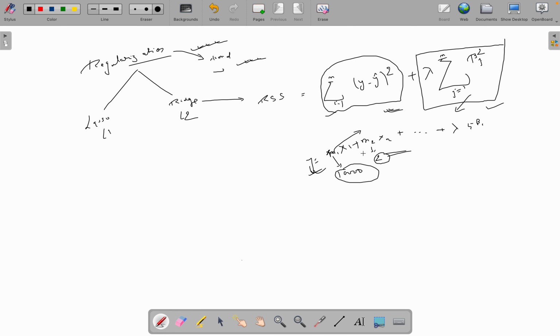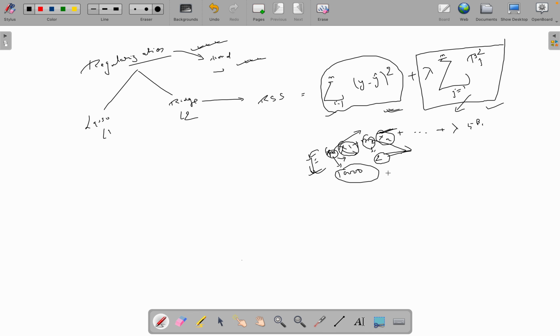It's not just one coefficient which is dominating the model, because the importance of x1 in the model depends on the value of m1, and the importance of x2 depends on the value of m2. If this is a negative value, then it is impacting the model negatively.